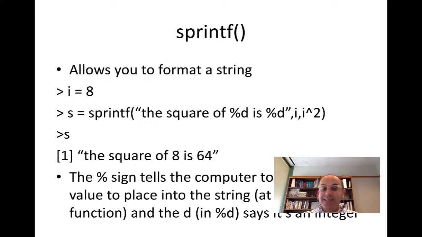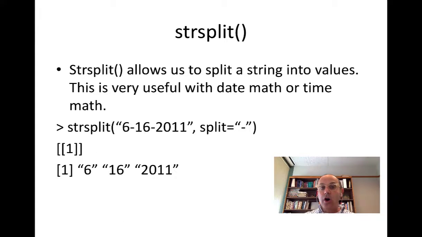The percent sign tells the computer to look for a value to place in the string, and the d stands for an integer. Those are components that I'm using in order to make my arguments more understood by R. So again, look at that and read the text on it.